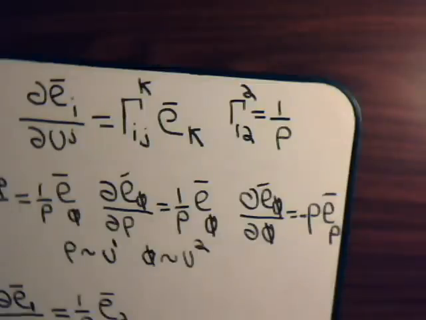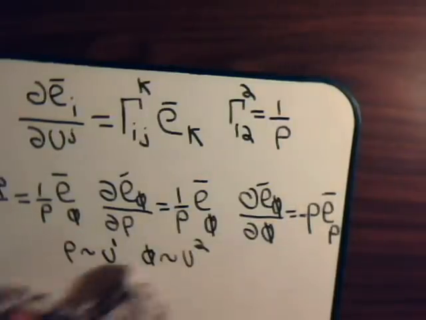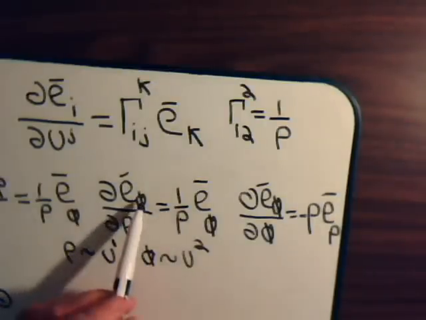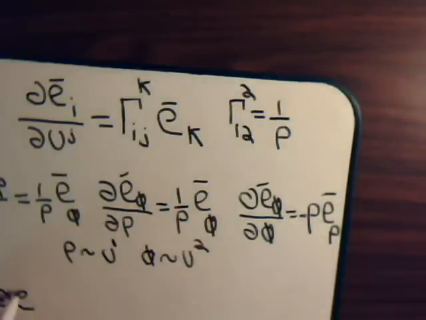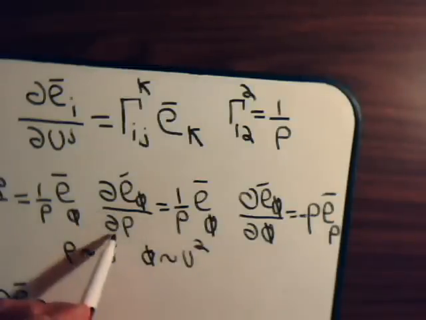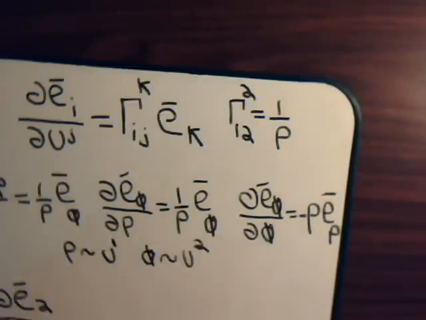Now, for this one, this also equals 1 over rho E psi. So does this give us the same kind of Christoffel symbol? Let's see. Here we have partial, putting these back into the numbers now, E2, that corresponds to 2. With respect to rho, equals 1 over rho E2.